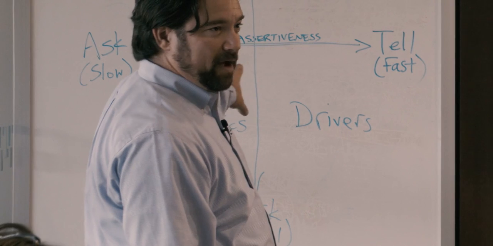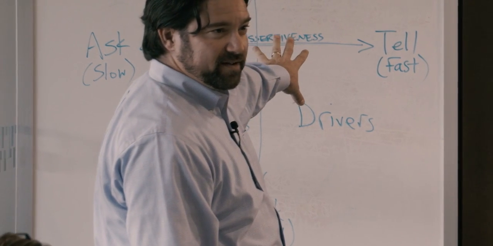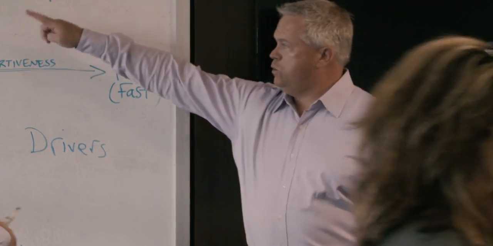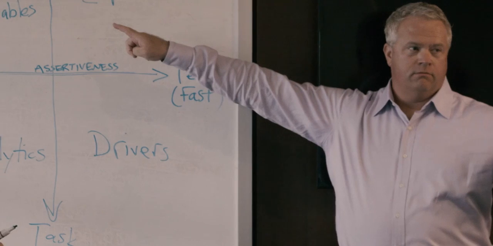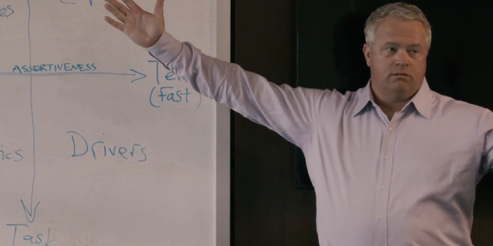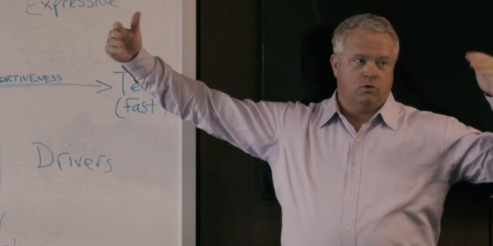Now, what's so important about understanding this is trying to figure out, where am I on this? Know thyself. Where am I? Because once you know yourself on here, who do you think it's going to be the fastest connection with? Similar people. The mirror image to you. Those are the no-brainers.